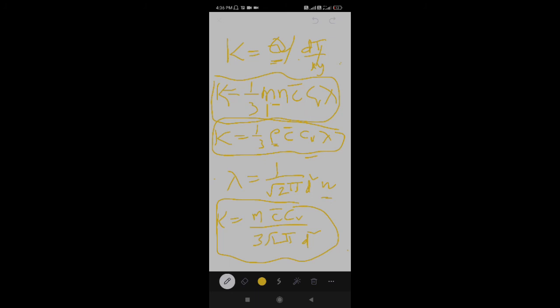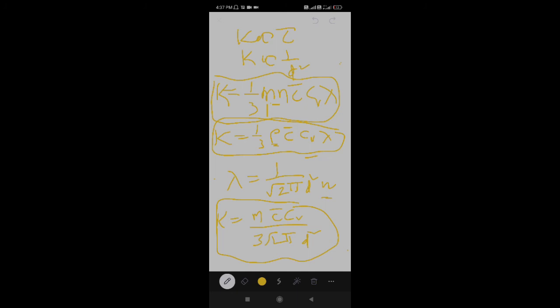That means your K is directly proportional to the average velocity C bar. Your K is inversely proportional to d square as before. If the size of the gas molecules increases, then what happens? Thermal conductivity decreases due to their heavy size, so the coefficient of thermal conductivity decreases.